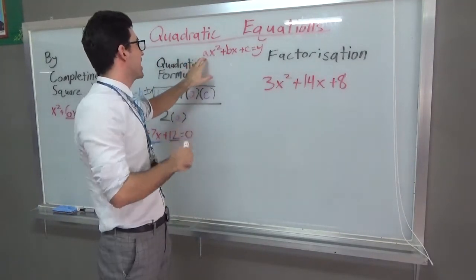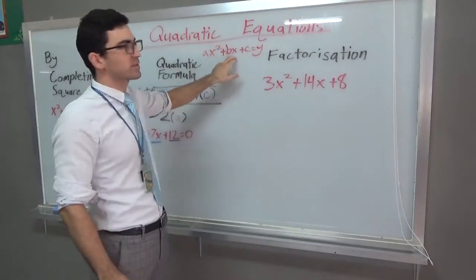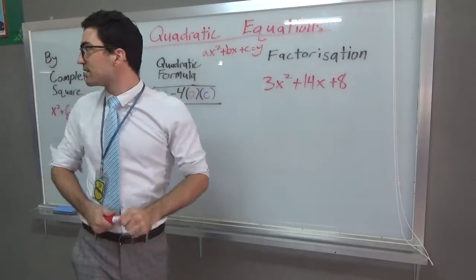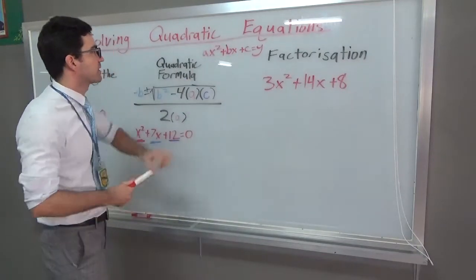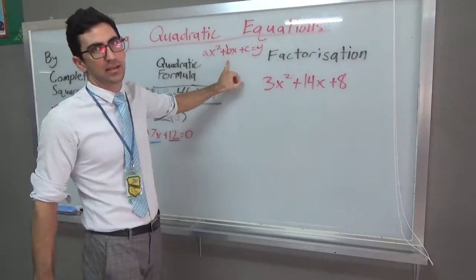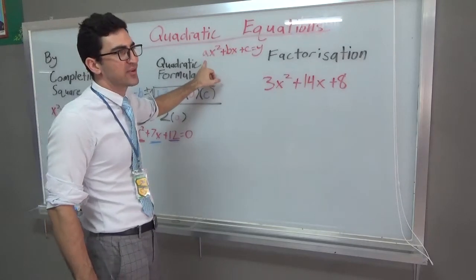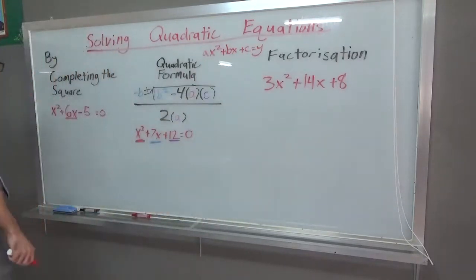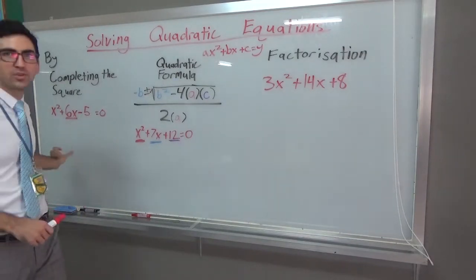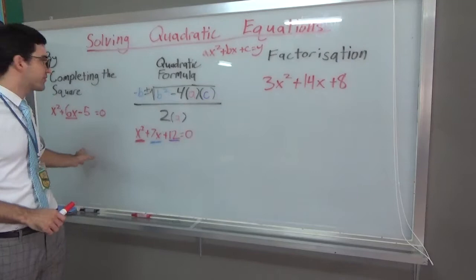Basically we have a that goes with the x squared, b that goes with the x, and c is our constant. These are our coefficients of the x squared and the x. So a is the first coefficient, b is the second coefficient, and c is the constant. So we will apply this to our first equation here.